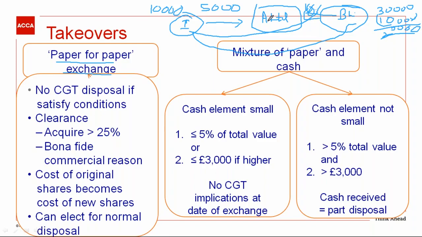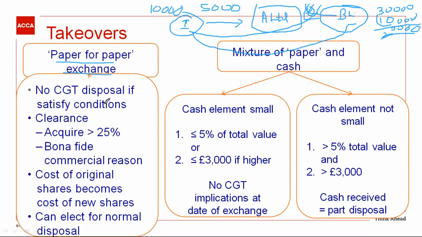In this situation, you can make a claim, or an election, called no gain, no loss, so you don't have to pay any CGT at that point. But for that, there are certain conditions that must be satisfied.